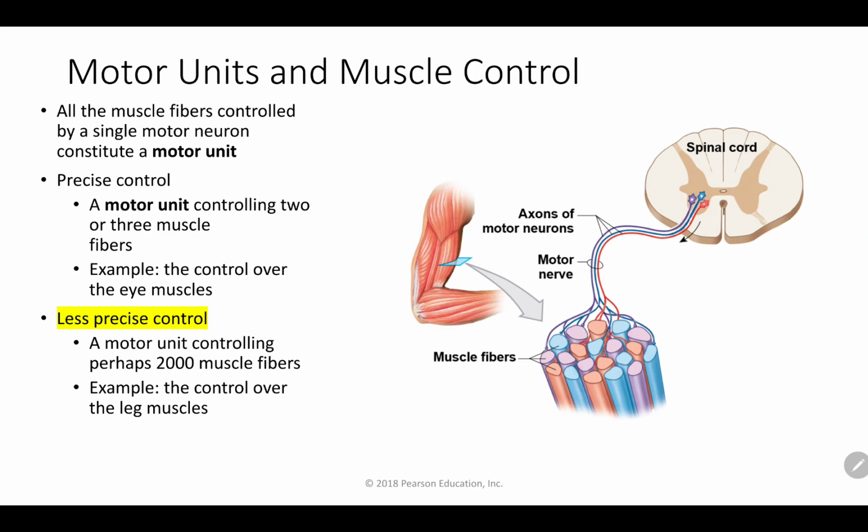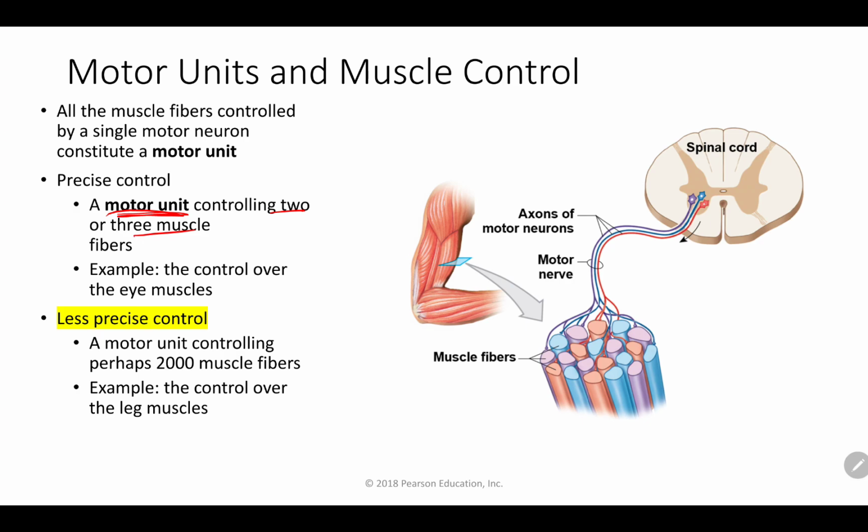So remember, it's a motor unit that controls these muscle fibers. All the muscle fibers that are controlled by a single motor neuron make up a motor unit. So you have precise control if a motor unit is controlling 2 or 3 muscle fibers. That's like control over your eye muscles. Notice how it's one motor unit controlling just 2 or 3 muscle fibers.